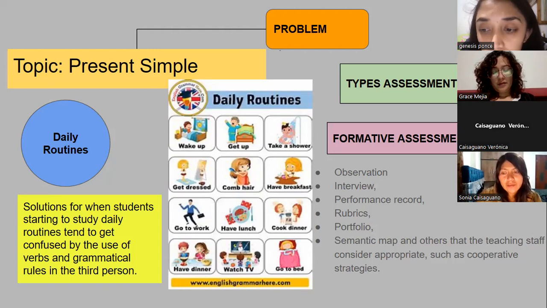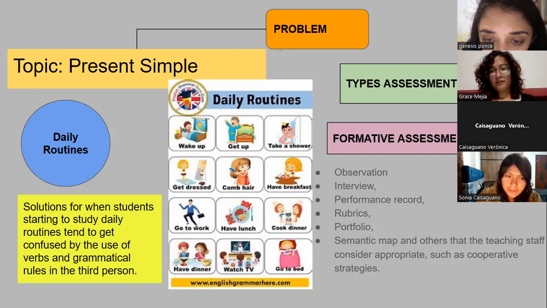Students tend to get confused with the personal pronouns or verbs that are used to detail the daily routine. For this reason, it is important to apply formative assessment. It is focused on determining the students' level of learning and looking for improvements based on it. That is my opinion.